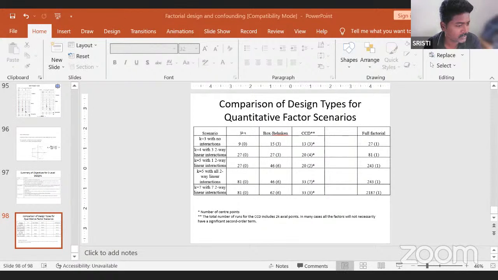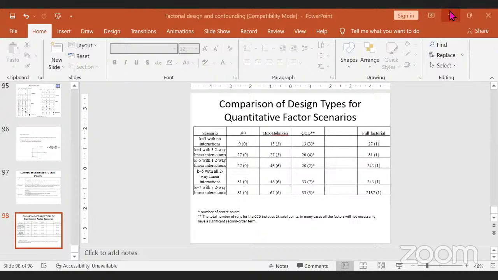Someone has asked, what is the meaning of the word stratification? Stratification is also called blocking. What we do is we combine certain aspects into one. We don't compare between this and that. For example, I am testing a fertilizer with NPK, nitrogen, phosphorus, potash, and comparing it with some old fertilizer.